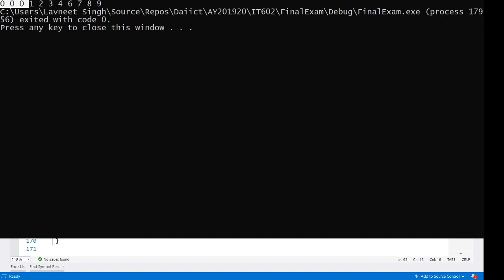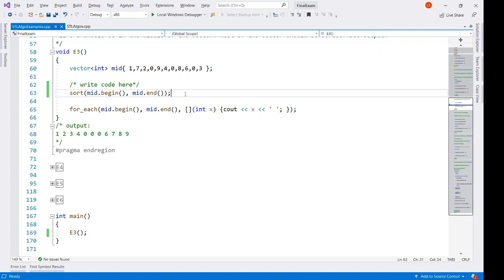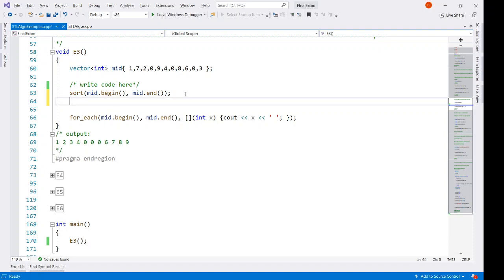So now we want to find how many zeros there are in that vector first. So we call upper bound on the whole vector, find 0, the value, and it returns an iterator to one past that range, right?